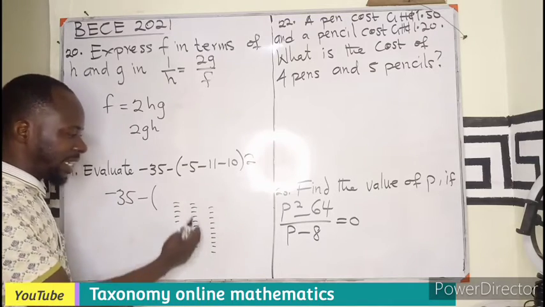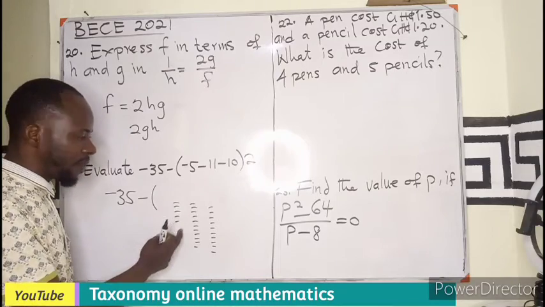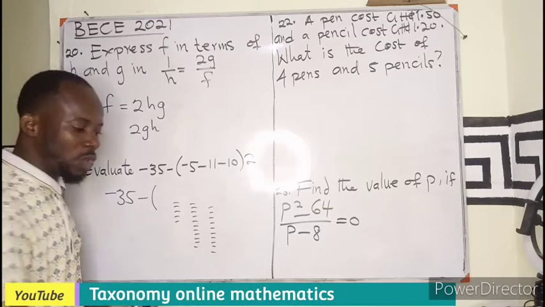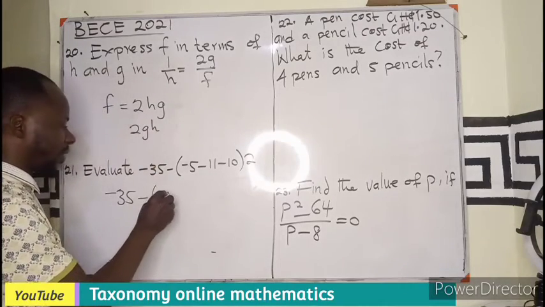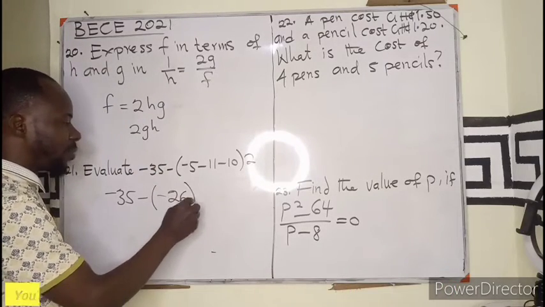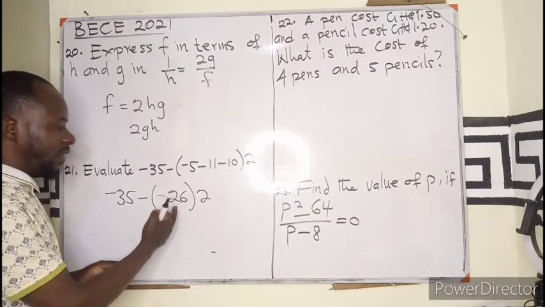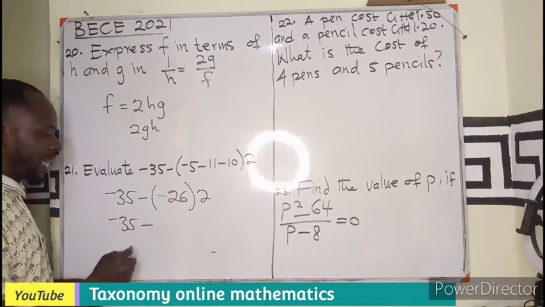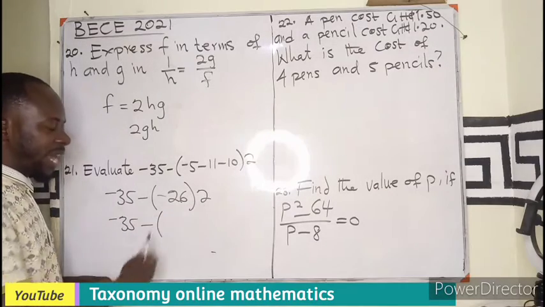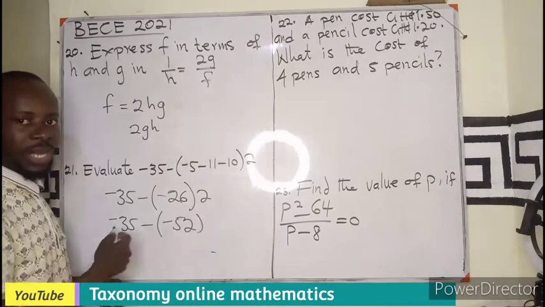Negative 10, negative 11 become negative 21. Then negative 5 will give us negative 26. And this negative 26 is being multiplied by 2, so that is 26 times 2. So my negative 35 minus, in this bracket, I'll be having minus 52 by multiplication.